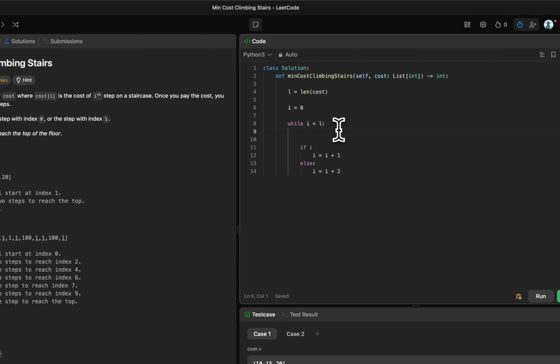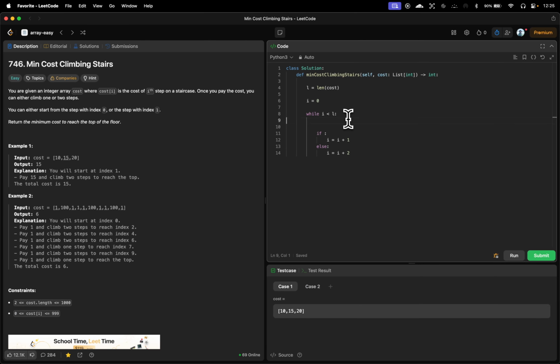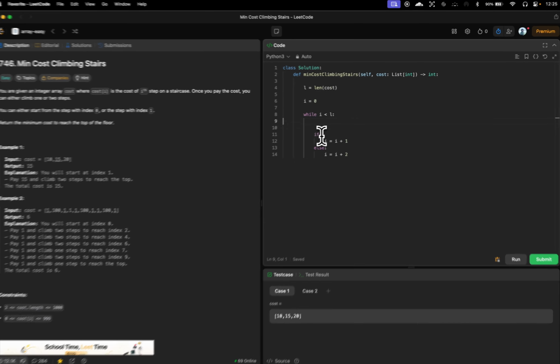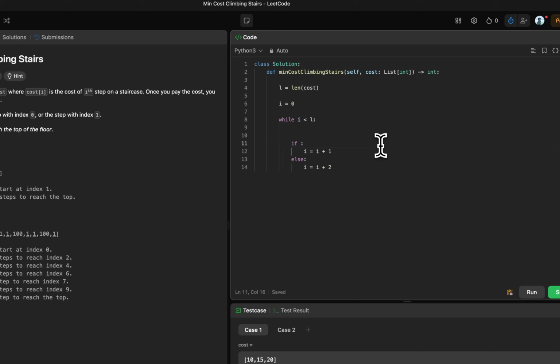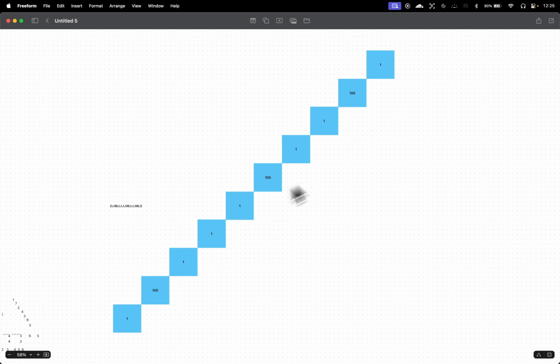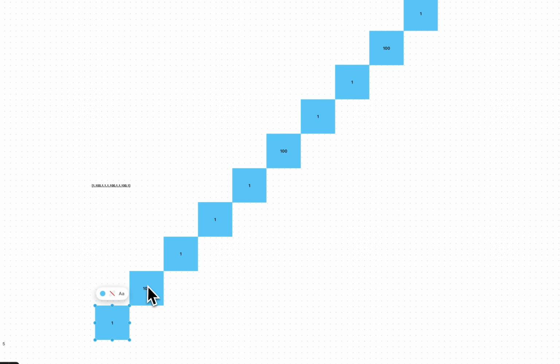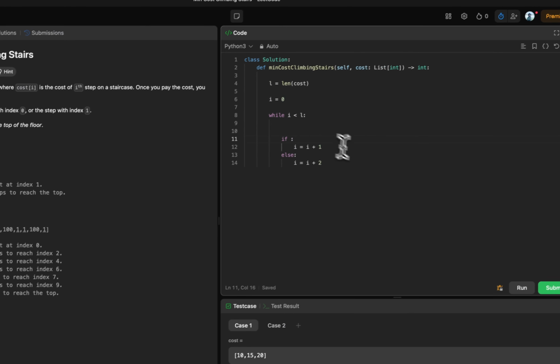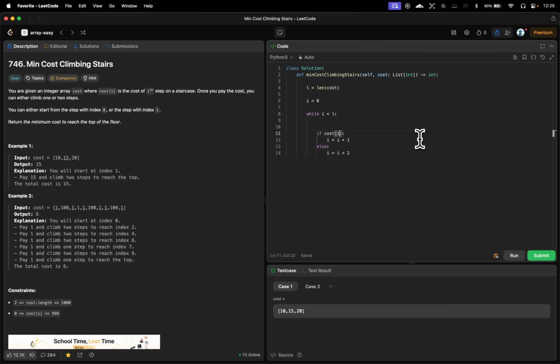Okay, if i equals 0, then I need to check the minimum of... I need to get the index of the minimum. Okay, that's not an issue. Let me take the first cost of i and cost of i plus 1.